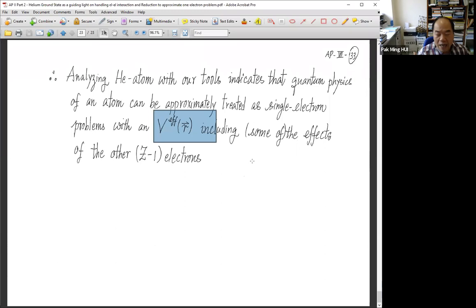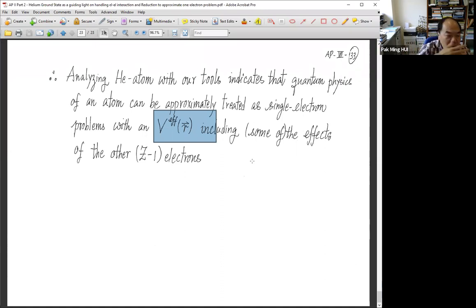And only after that, you can exercise the Pauli exclusion principle to fill the electrons in.